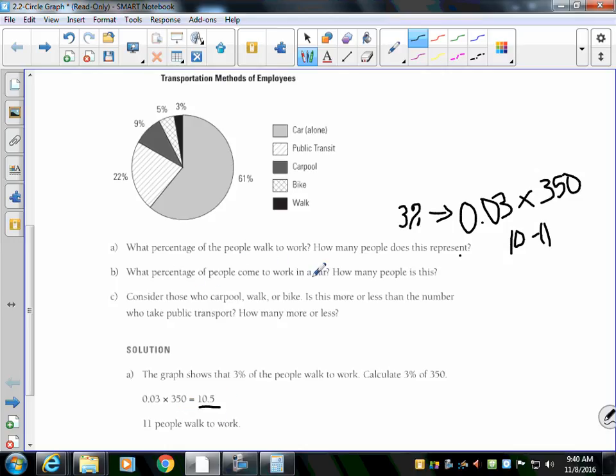What percent of people come to work in a car? Well, we know that as the car is the gray, it's 61%. So 61%, we change it into decimal percent, which is 0.61. And if we want to know how many of the 350 people come to work in a car, we take that 61% and multiply it by 350.